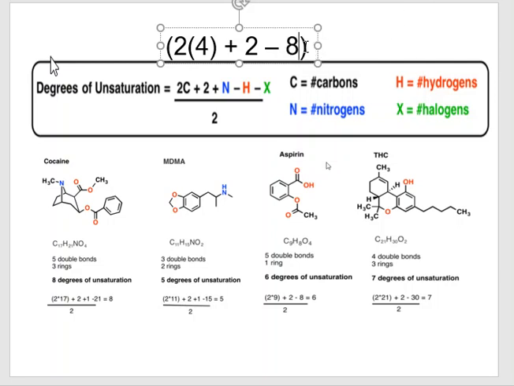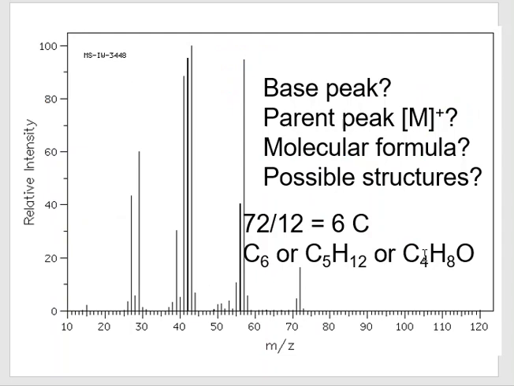Okay, so we have 10 minus 8, divided by 2. That equals 1. So that means we have 1 degree of unsaturation. So we have a C4H8O with 1 degree of unsaturation. So that might be a ketone, like butanone, which would be a 4-carbon chain with a ketone in it, or maybe an aldehyde or something like that.